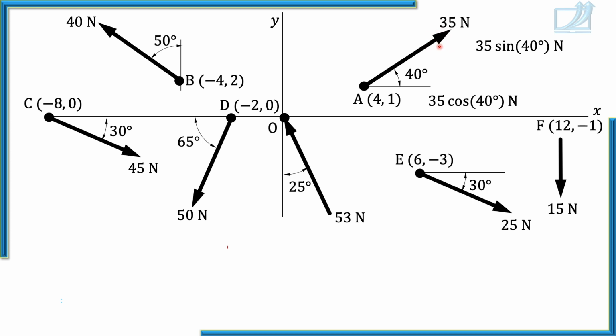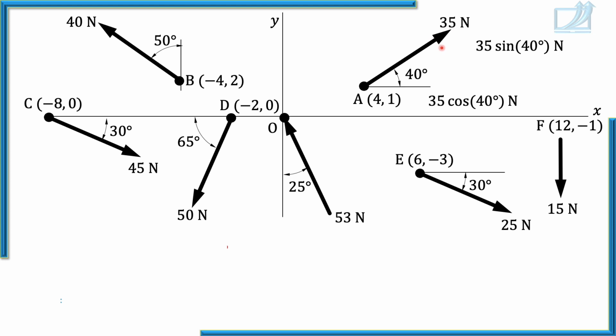Now using two directions, one along the x-axis and the other along the y-axis, we'll try to define the direction of these forces. This force is rightwards upwards. Watch here, this red dot is moving rightwards and upwards simultaneously. When this red dot moves in the direction of force, it is moving rightwards and upwards simultaneously.